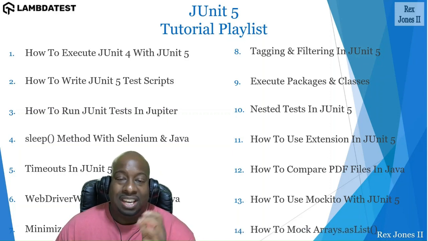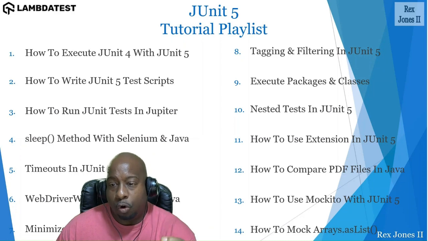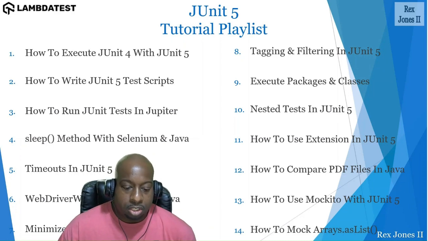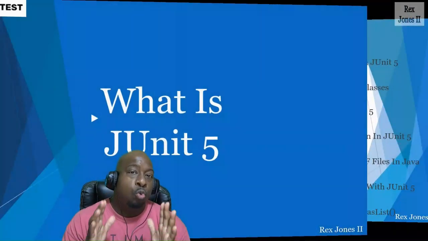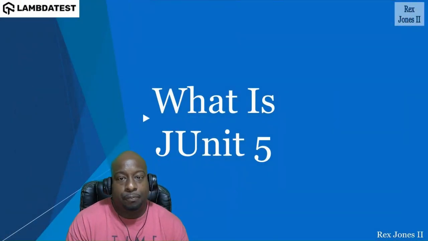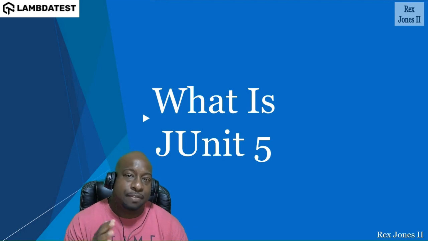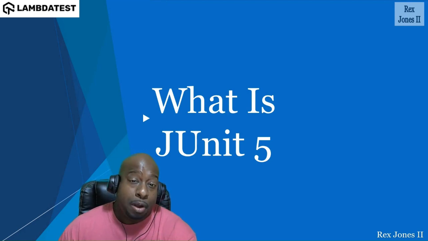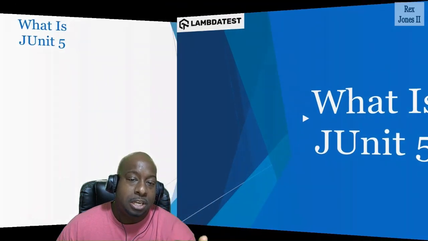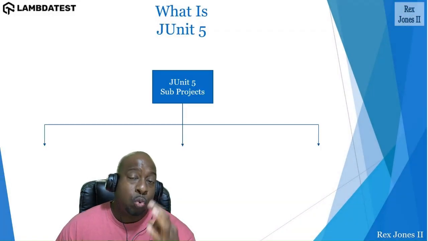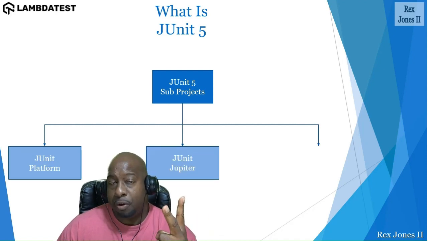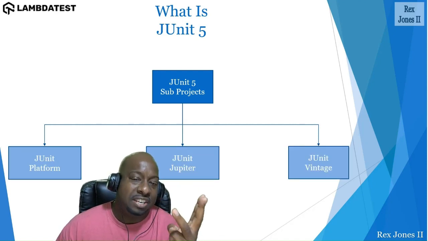Let me introduce JUnit 5 before we execute JUnit 4 with JUnit 5. So for starters, what is JUnit 5? JUnit 5 is a test framework for Java that consists of different components from 3 sub-projects. Those 3 projects are JUnit Platform, JUnit Jupiter, and JUnit Vintage.